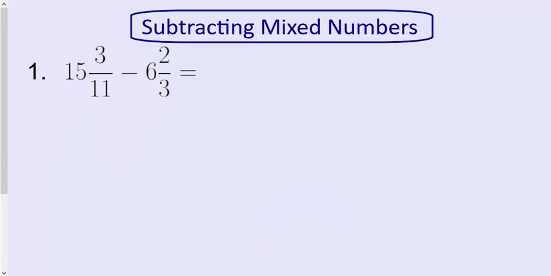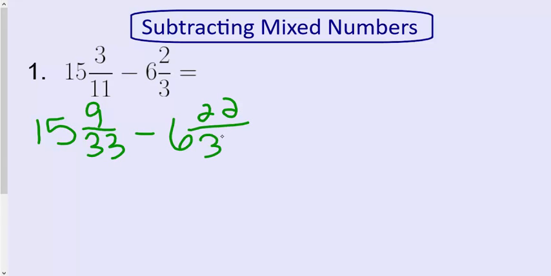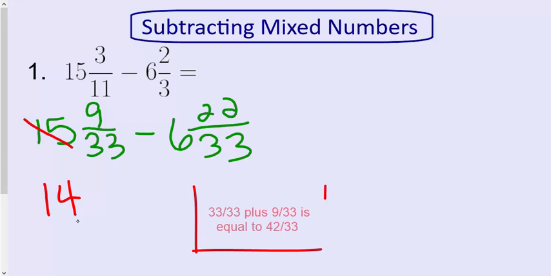If you borrowed, again, we'll rewrite these with common denominators. And now I want to borrow. So I'm going to take 1 away from my 15, and that's a 14. And what I want to do with that 1 I took away, it's 33/33.